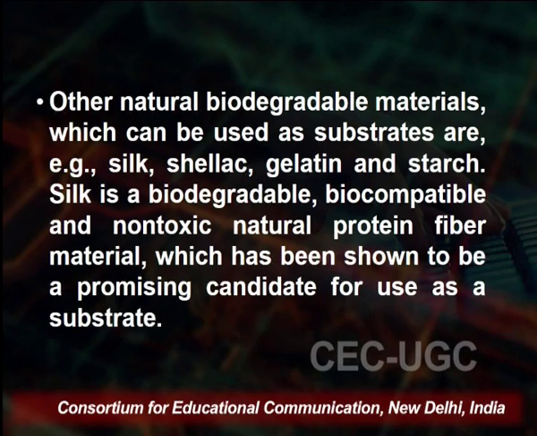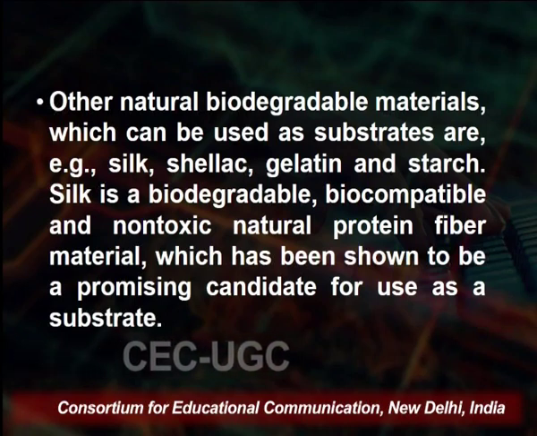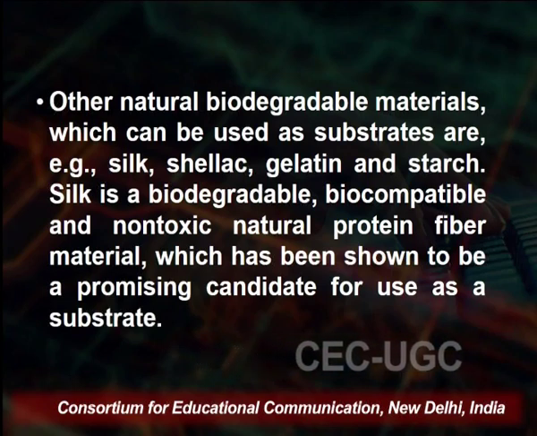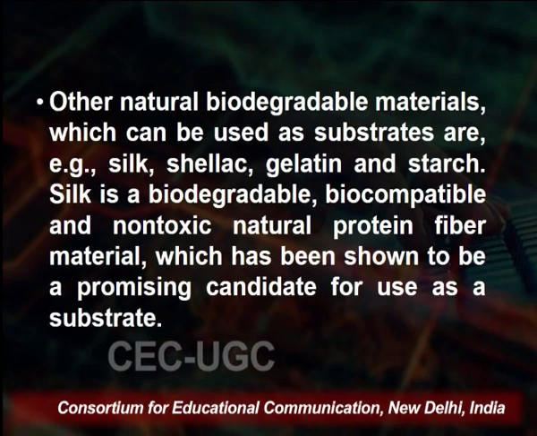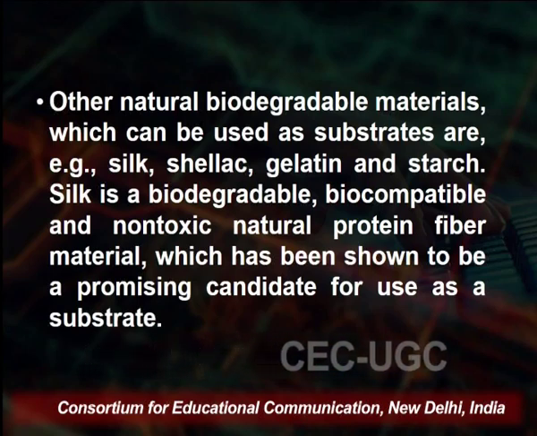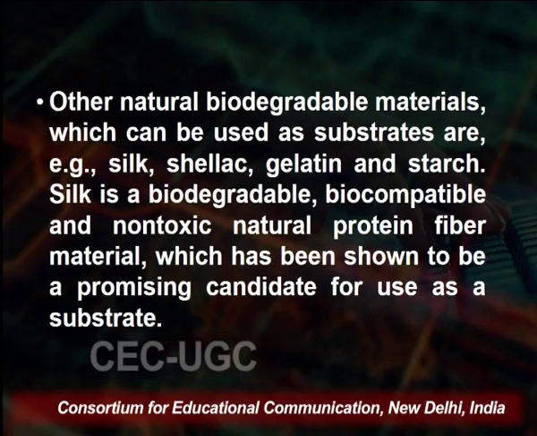mechanical strength, heat resistance, low thermal expansion and high surface smoothness. Other natural biodegradable materials which can be used as a substrate are silk, shellac, gelatin and starch, and by using these we prepare the paper. Silk is a biodegradable, biocompatible and non-toxic natural protein fiber material that can be used for the printing electronics as a substrate.